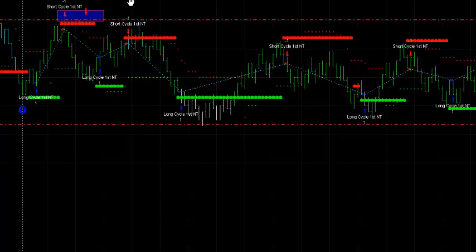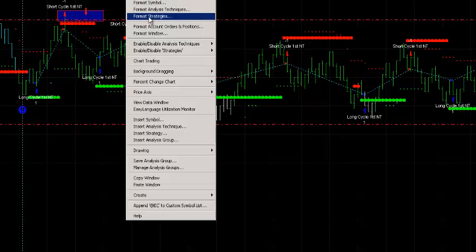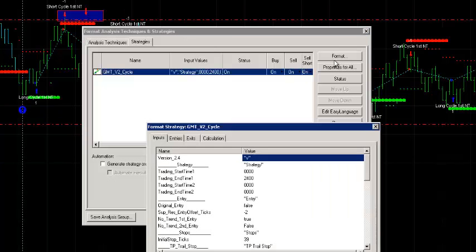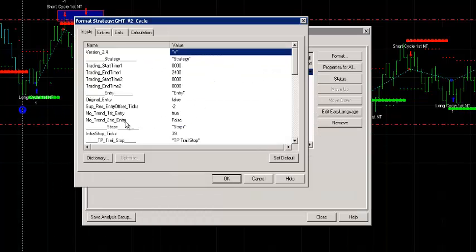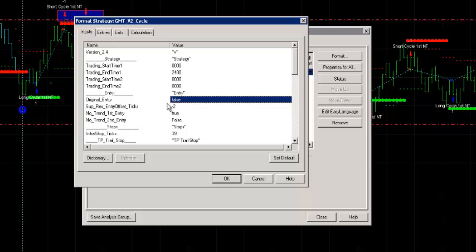Now if we go into our strategy, and Mark makes a good point here, the original entry is exactly the way we initially set this system up. Here's our original entry. The original entry was set up so that I'm only going to take trades where I break this support resistance by, say, 1. And you'll see how this changes. So we'll go OK, and we'll change that to false.